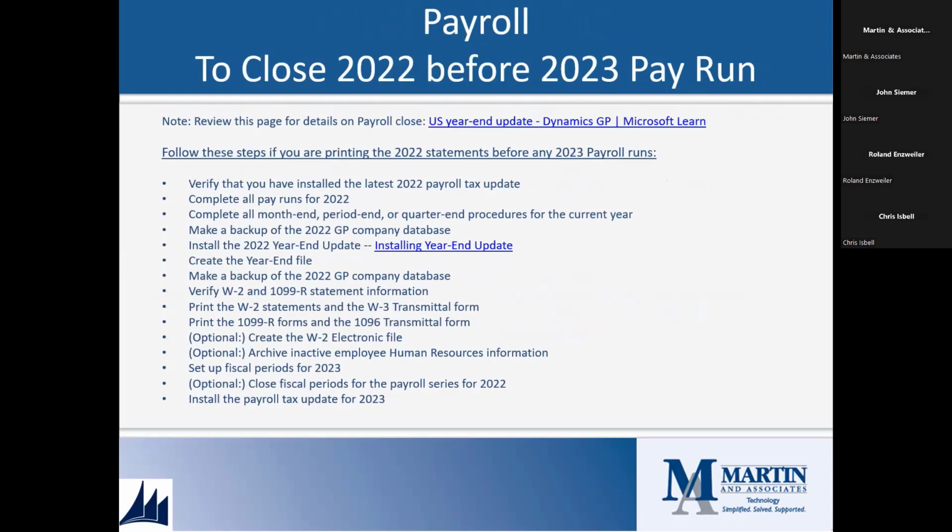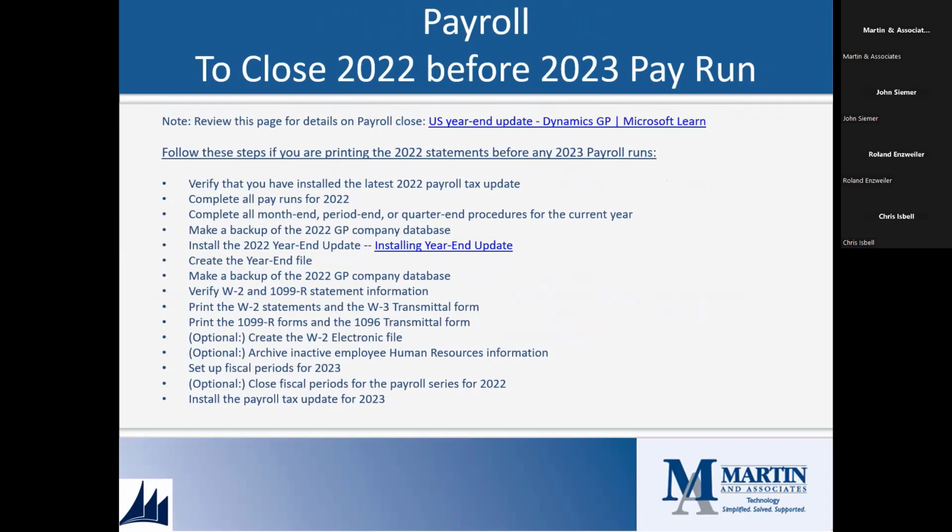I'm just going to touch briefly on payroll, unless I don't know if anybody else is doing payroll out of GP. There are updates out there for the payroll year end.